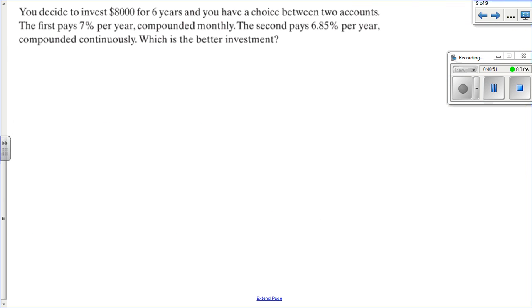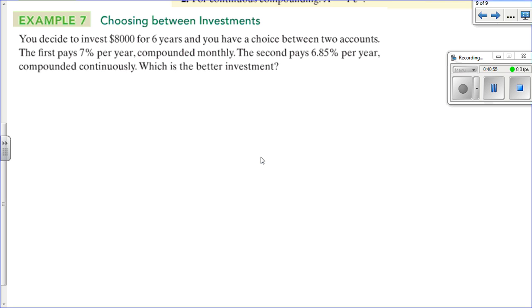Here it's one problem, but we're talking about two different accounts. So Ezekiel, please read the problem. You decide to invest $8,000 for 6 years, and you have a choice between two accounts. The first pays 7% per year compounded monthly, and the second pays 6.85% per year compounded continuously.